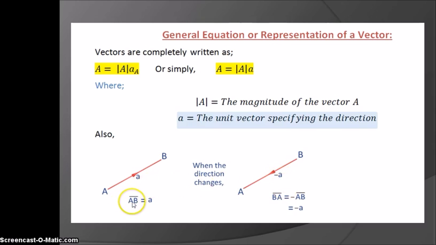So when this vector was moving from A to B and all of a sudden direction changes, then it means it's moving from B to A, or negative of A to B.